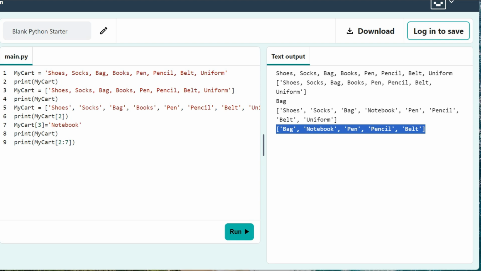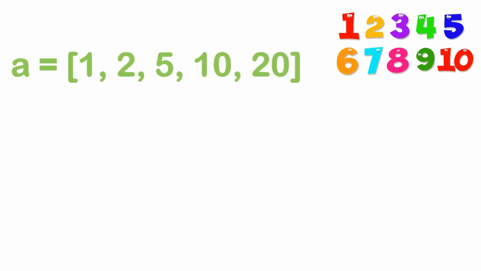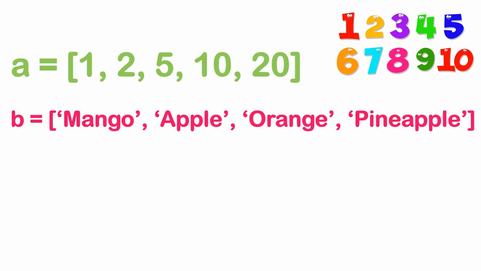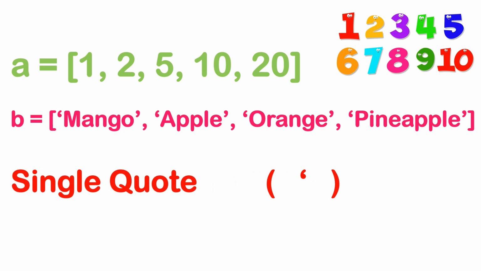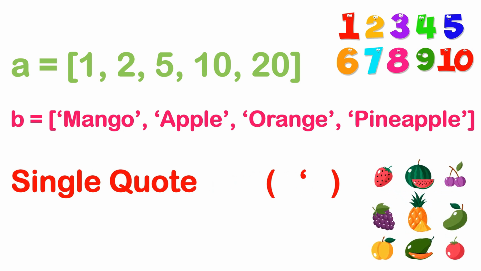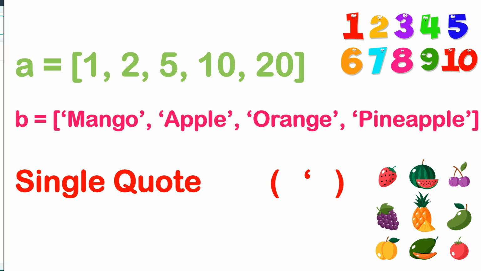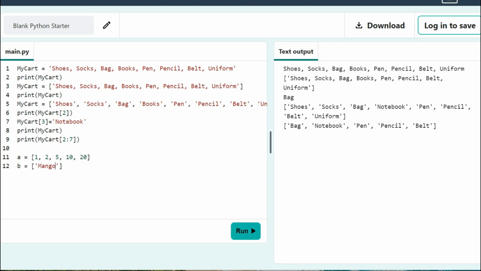So list can be used to store all sorts of items, like numbers. So in this example, a is equal to, in square bracket, 1, 2, 5, 10, 20. We can also use string like this. B is equal to, in square bracket, mango, apple, orange, pineapple. So we use here a single quote, and it can be a mixture of numbers and string.